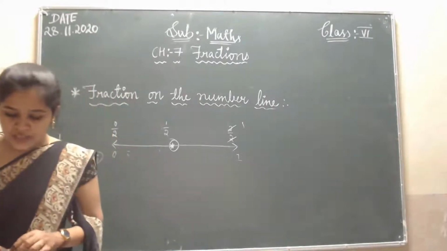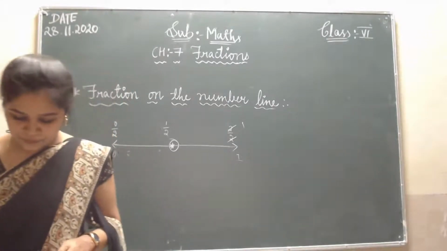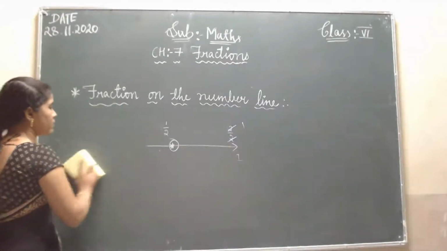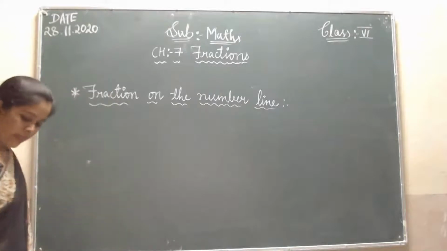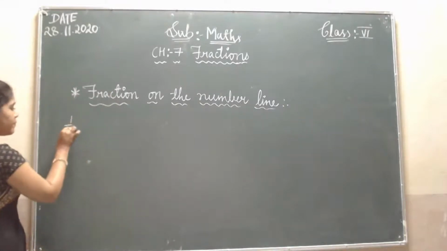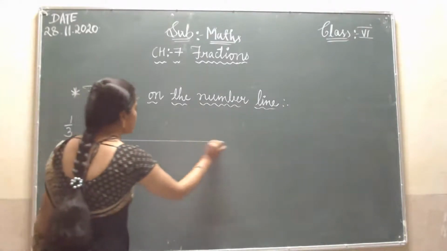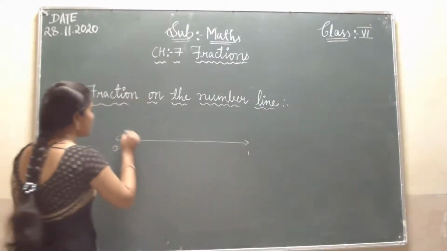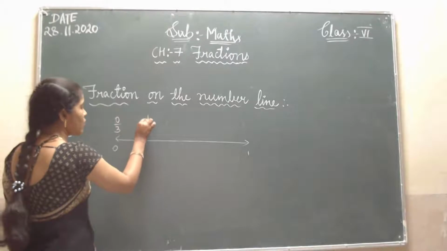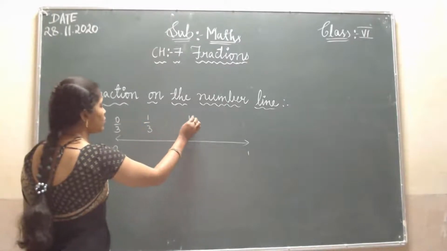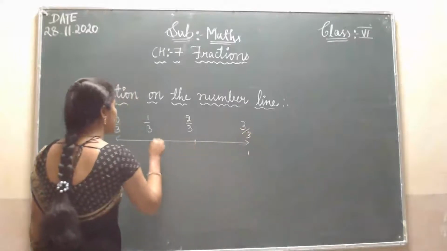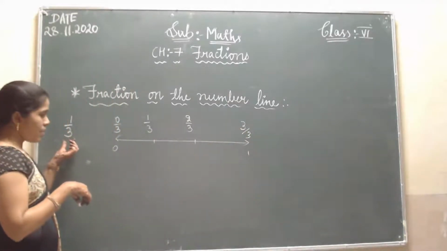Understood? Next, take another example. See here, 1 by 3. It also comes between 0 and 1. This is 0 by 3, 1 by 3, 2 by 3 and 3 by 3, because the denominator is 3.